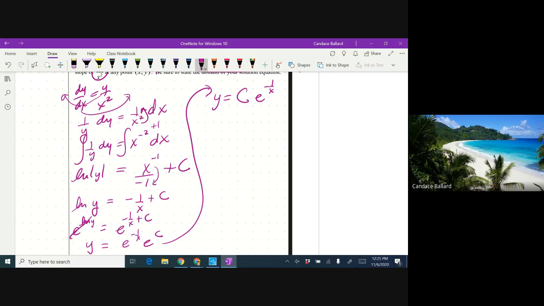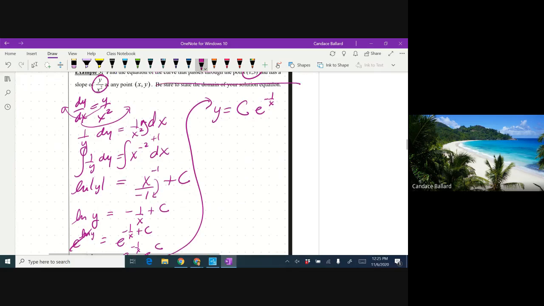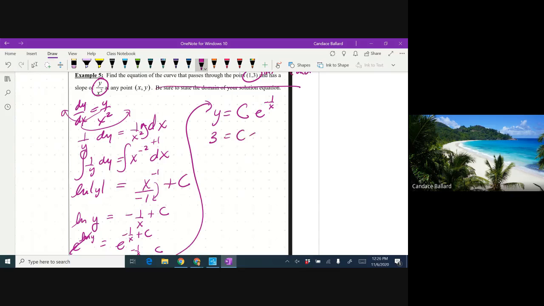Now I'm going to plug in that initial condition. So my initial condition was y is 3 and x is 1. I'm going to divide by e to the negative x. So 3 divided by e to the negative 1 equals c. What do we not like about that picture right there? He does go really fast.